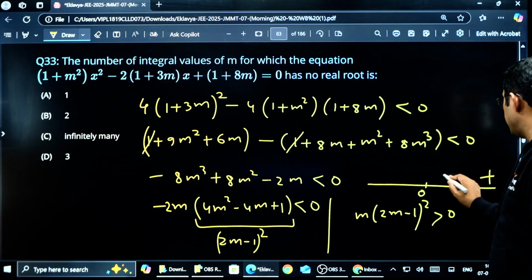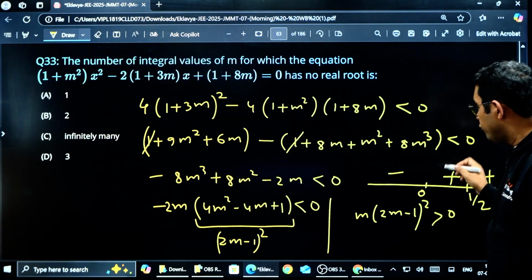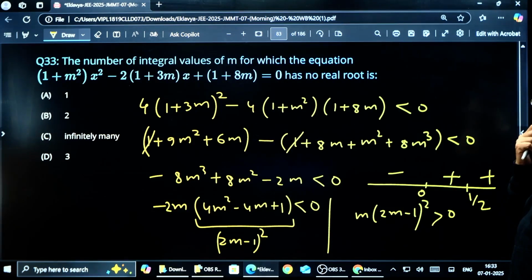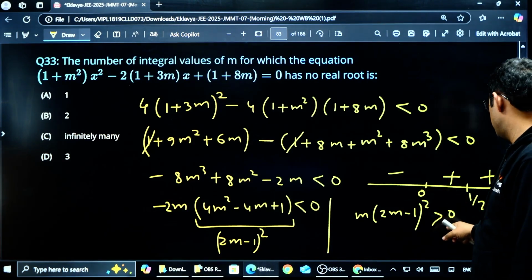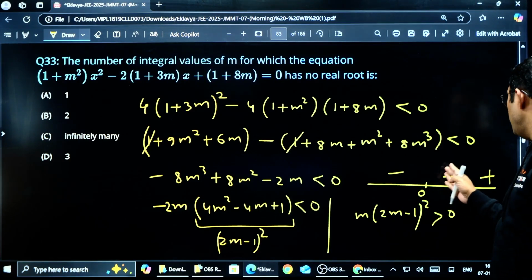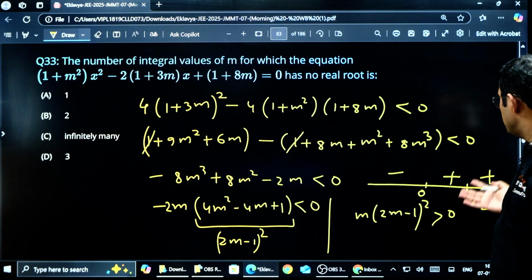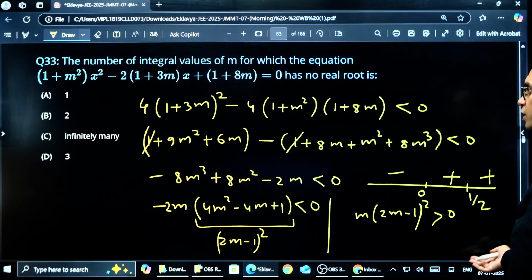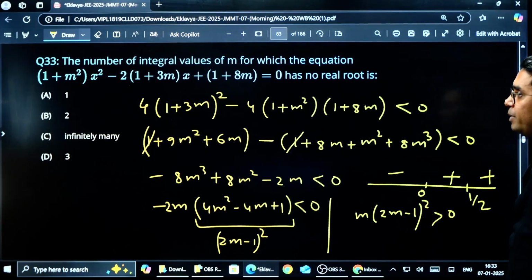The sign will be changing like this: plus, plus and minus. We are looking for positive, so all positive values of m are going to satisfy it, and hence there will be infinitely many integral values that satisfy it. So hence the answer for this will be infinitely many.